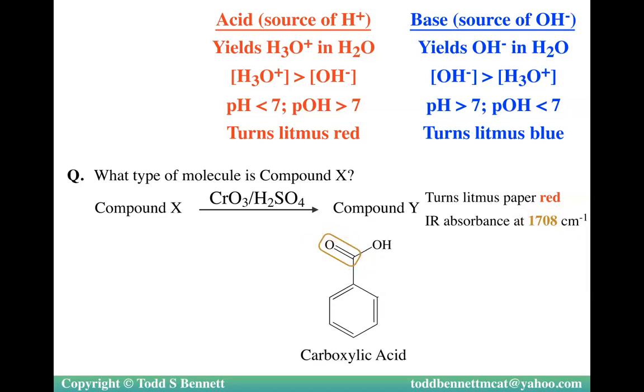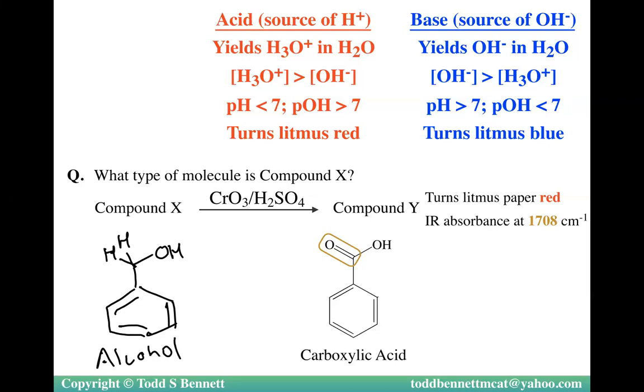If that is the case, the compound X, and again, this covers a little of what we're doing now, acid base, but a little of what we're going to do later called oxidation reduction. So chapters 12 and 19 will cover that. But this is what's known as an alcohol, and specifically a primary alcohol, because this carbon has only one other carbon attached.